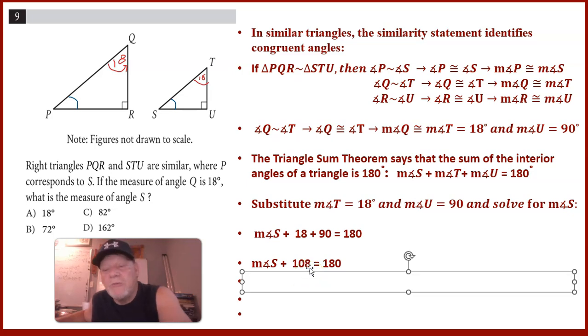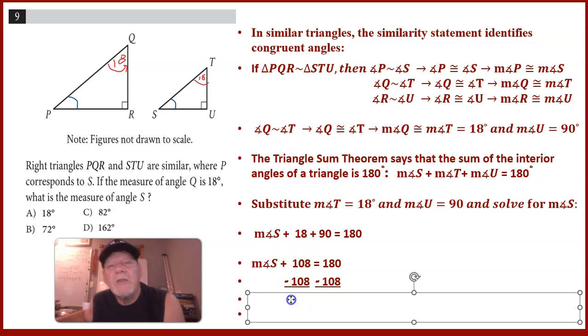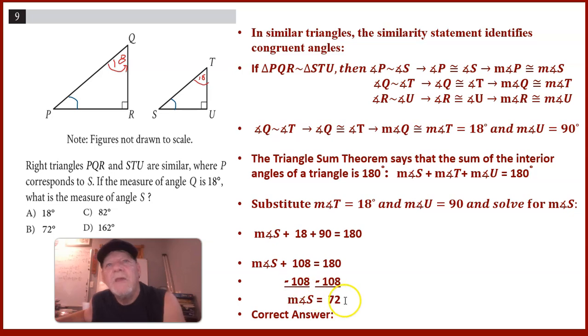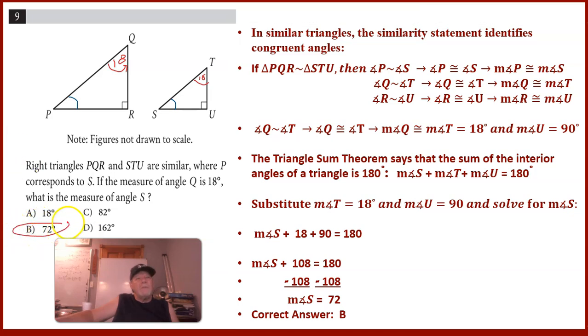Now I use the subtraction property of equality, subtract 108 from both sides, and it crosses out on the left here, and I get the measure of angle S equals 72. So the correct answer is B. I'll circle that. Hopefully you got that one right as well. This is just asking whether you understand similar triangles.